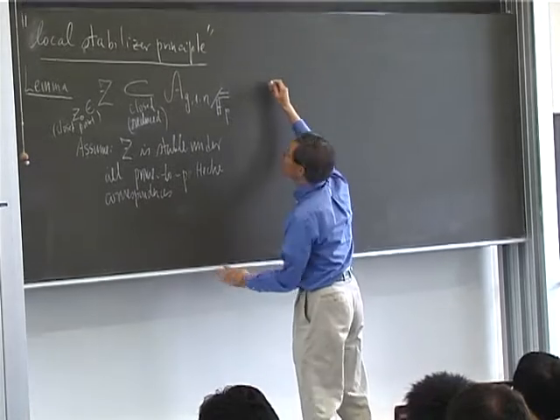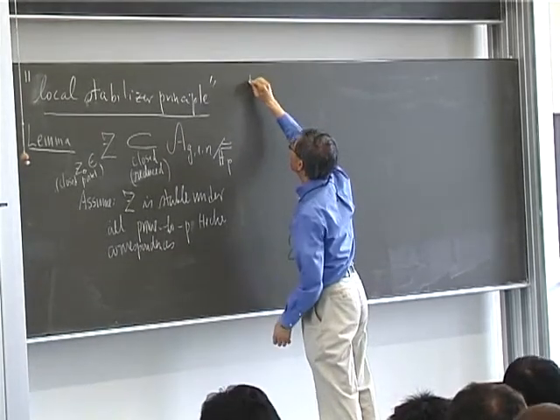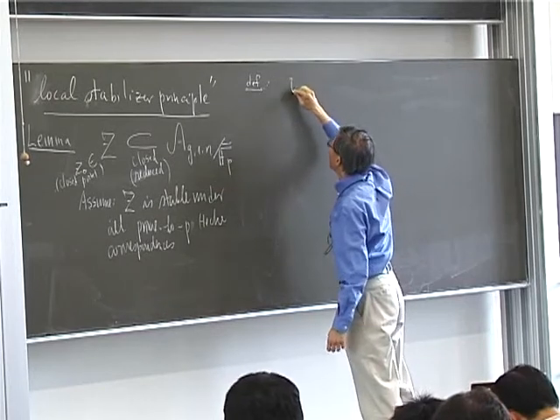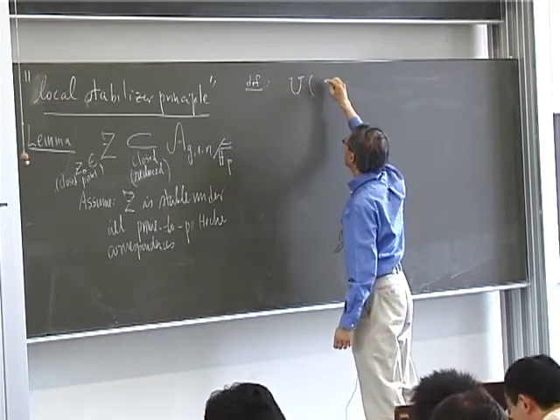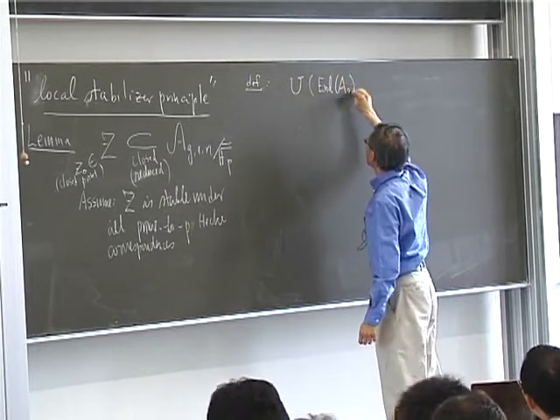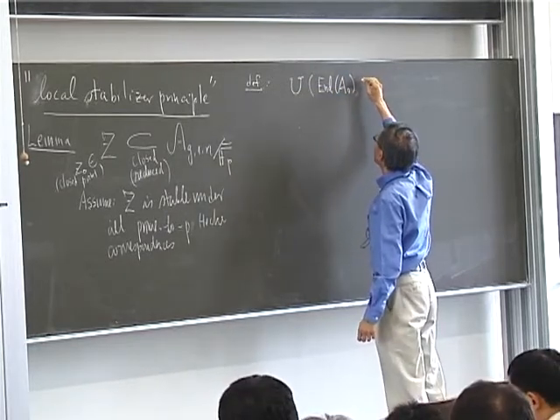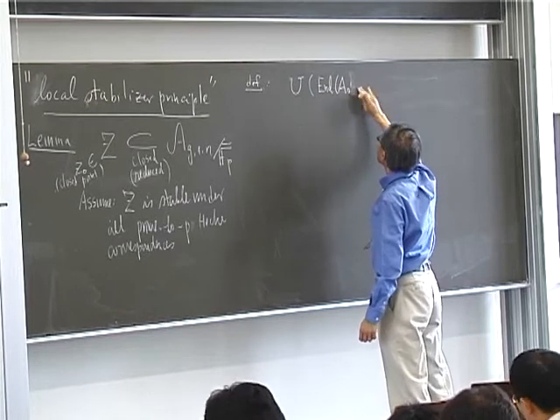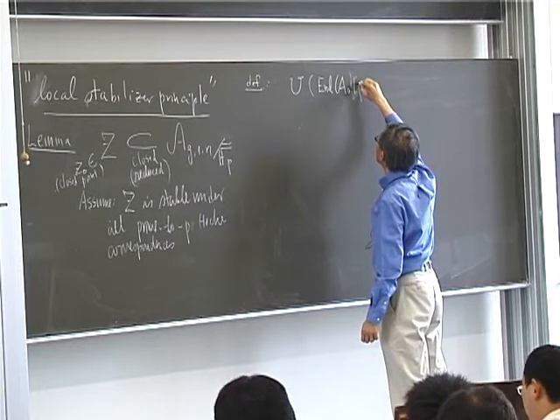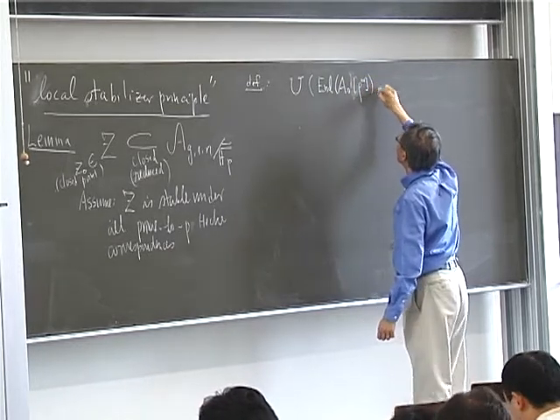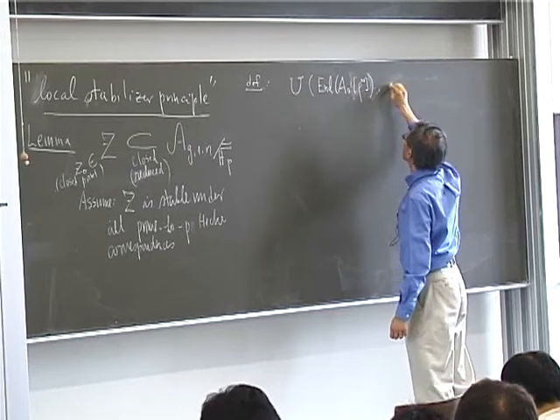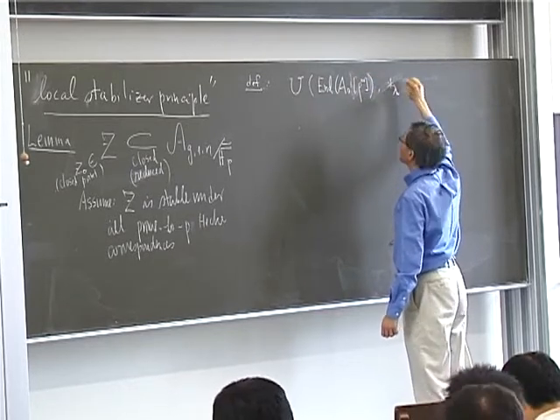So here is a little definition. Given the situation, I think about what I call the unitary group attached to A0, P infinity, and star lambda0.